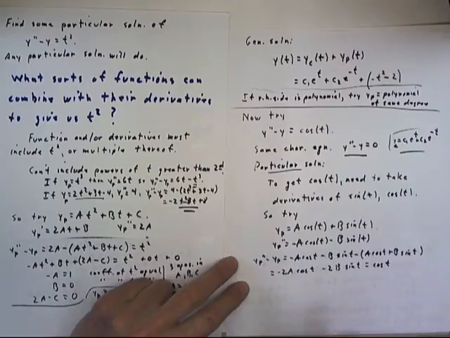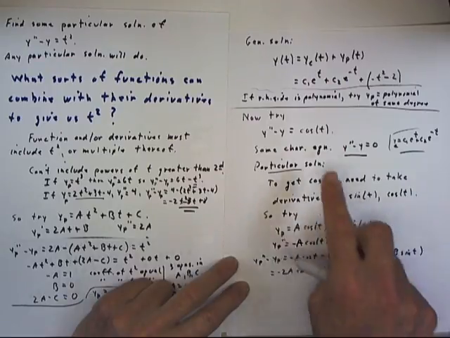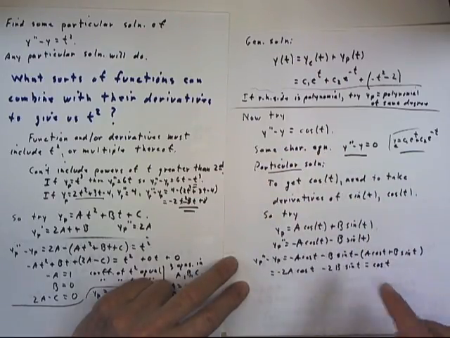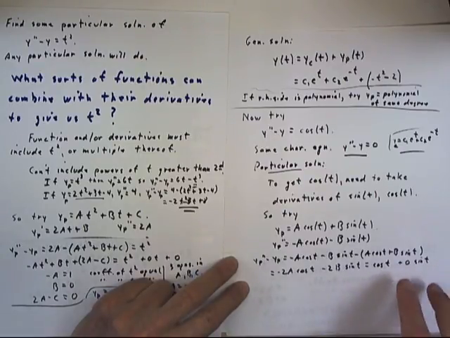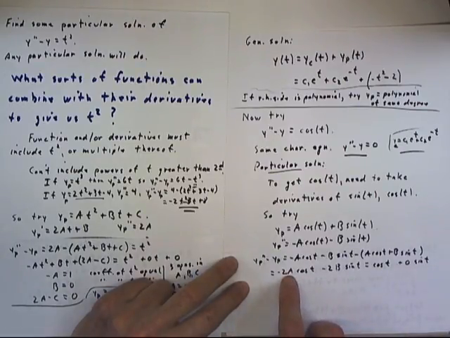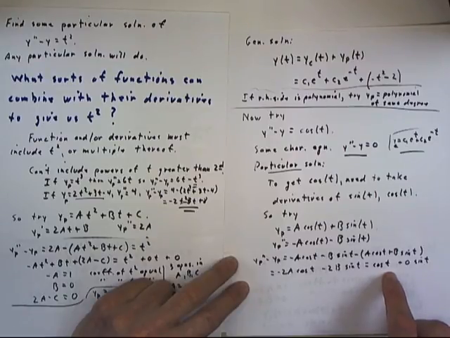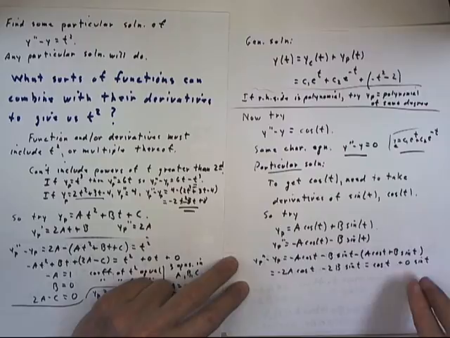So the coefficients of the cosine have to be the same, and the coefficients of the sine have to be the same. Our right-hand side was cosine t. It had no sine t, so we're going to go ahead and write in 0 sine t. It's not necessary to write that, but so that we can see that the coefficients of the cosine are coming out equal, and the coefficients of the sine are doing the same, we include this.